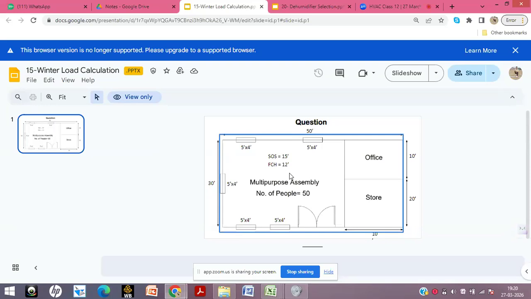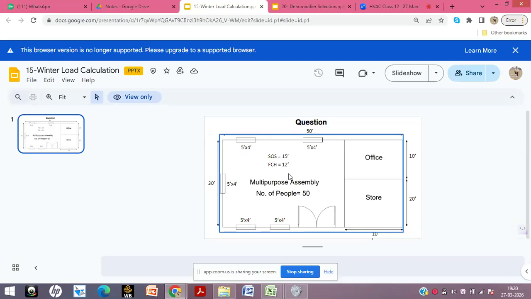And then how much heat is lost through the wall, that we need to calculate. Also window heat loss, because in the window there will be certain glass types, so there will be a temperature change between indoor and outdoor due to the temperature difference.